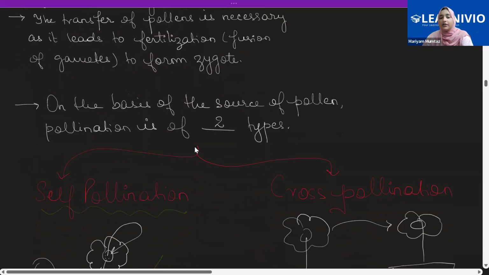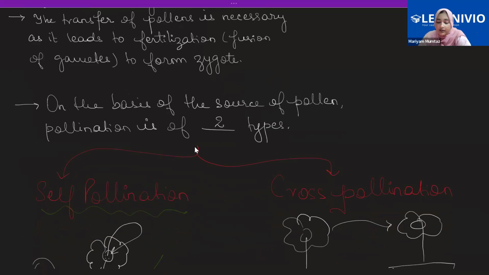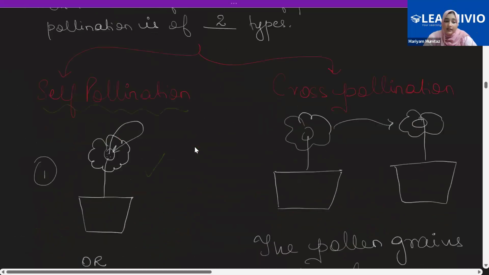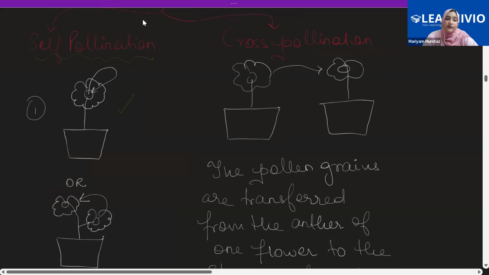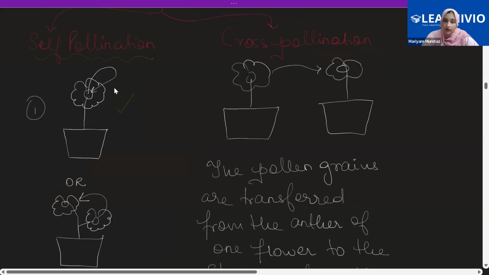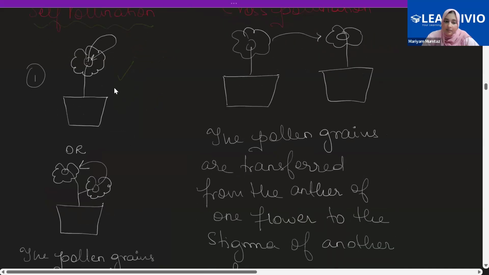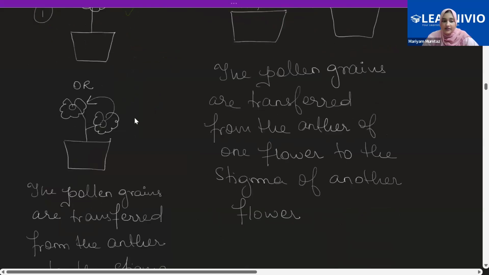Now, depending upon the source of the pollen, like from where the particular pollen grain is coming, pollination is of two types: self-pollination and cross-pollination. Self-pollination is when the pollen grain is transferred within the same plant.